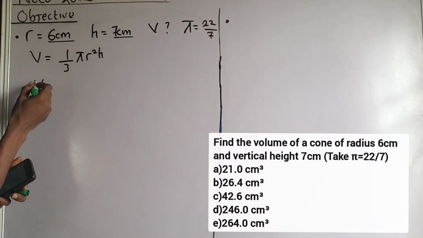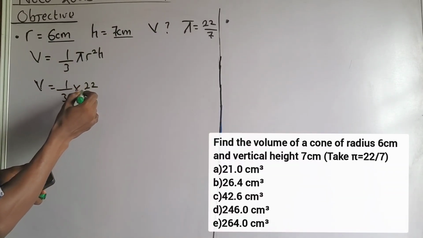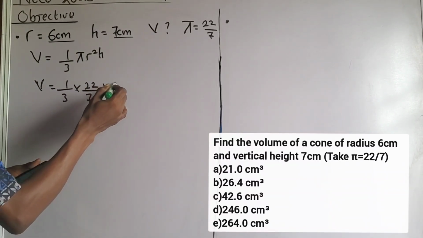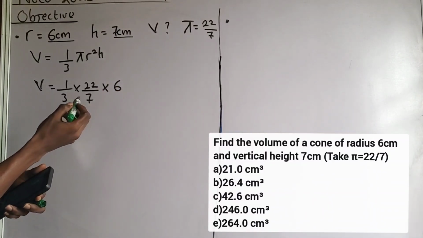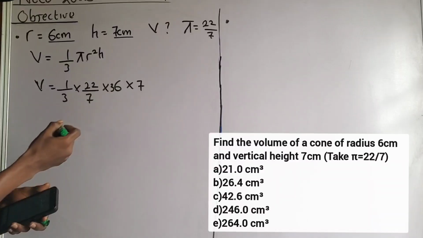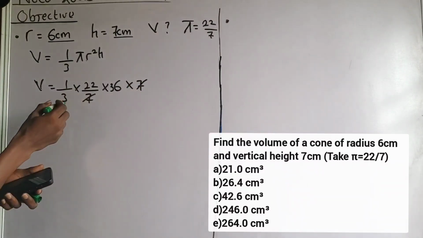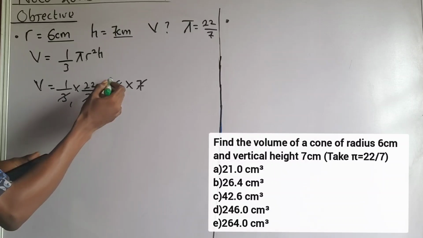So you're going to have the volume equals 1/3 times 22/7 times 6 squared times 7. 6 squared is 36. So I'm going to have times 36 multiplied by 7. This 7 will cancel this 7. 3 into 36 is 12.